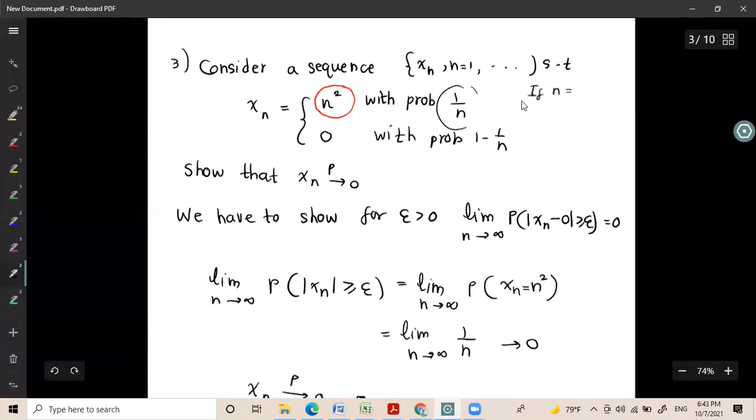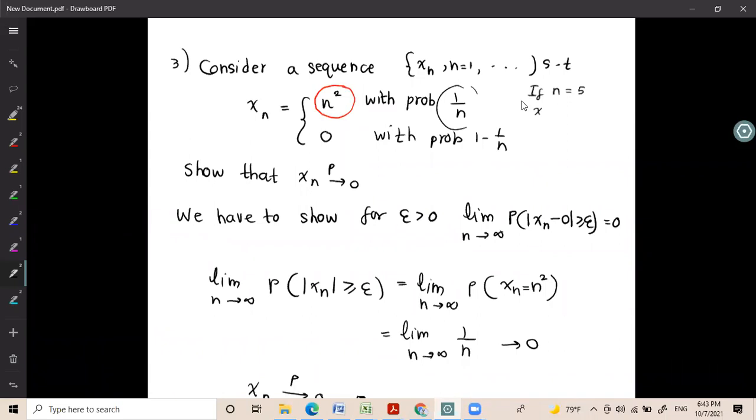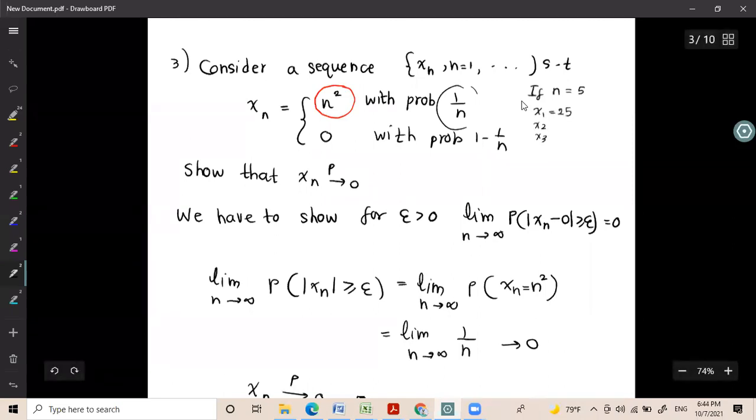If n is 5, what are the values that X can have? The value that X can have is n square, that is, 25. Since n is 5, X will have 5 numbers, all of them with the value 25, and the probability that it is 25 is 1 over 5.